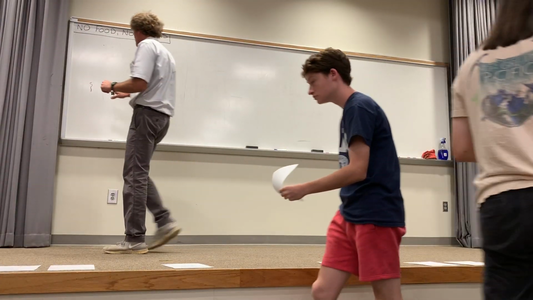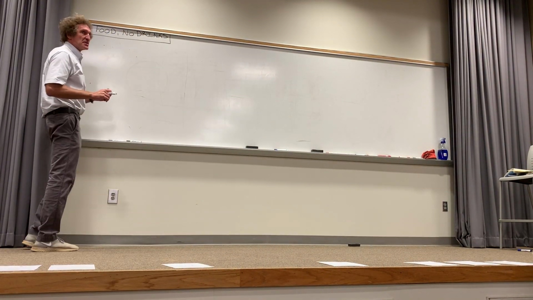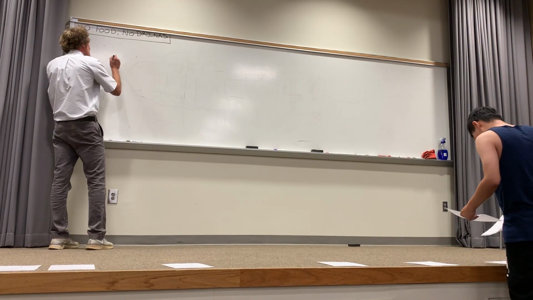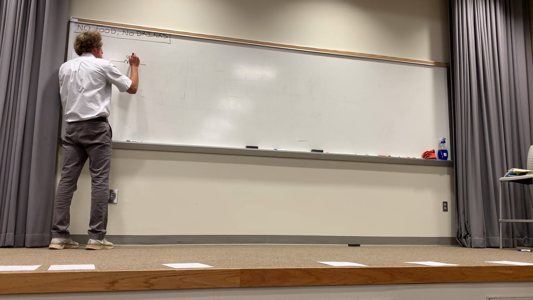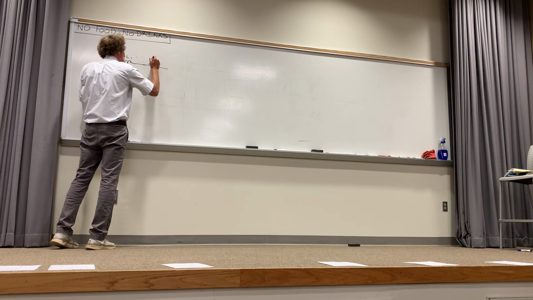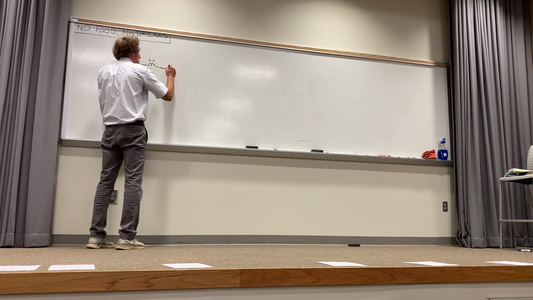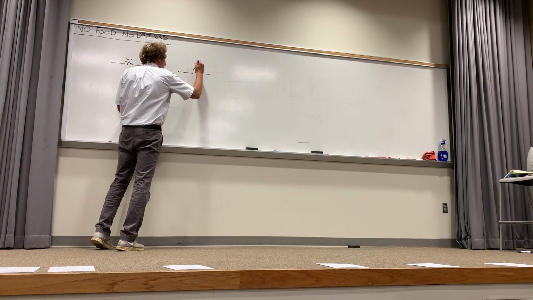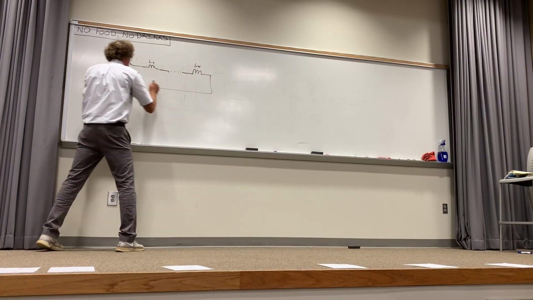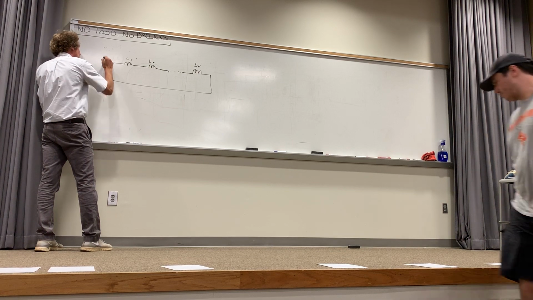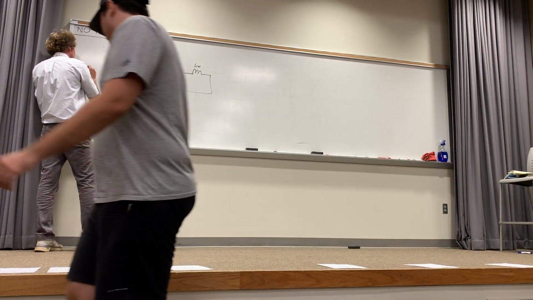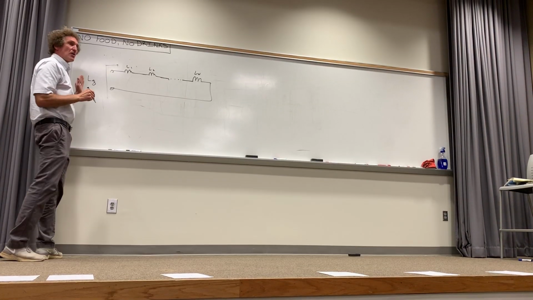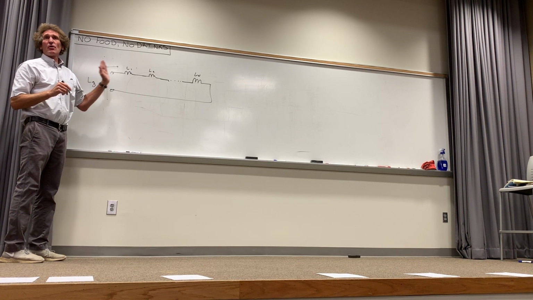So write this down. When you're adding inductors in series, if you have L1 and L2, and then dot, dot, dot, Ln, and you want the value of the inductance here, L equivalent. You're just adding a whole bunch of inductors.